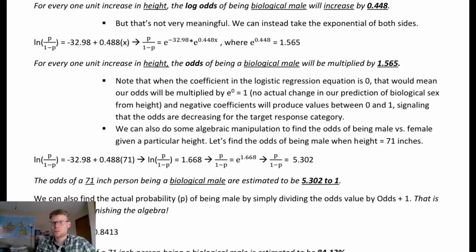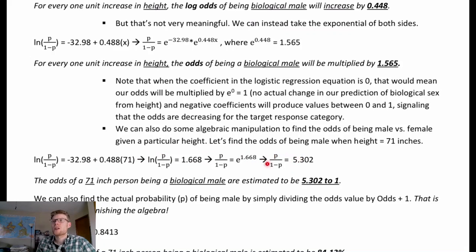It's certainly not 100%, but I would guess it is closer to 1 than to 0. So based on this model, we can plug in somebody who's 71 inches tall into this equation. I'm going to solve the right side first, and then take e to both sides, and I'm going to get p over 1 minus p equals e to this expression that we found on the right side of the equation.